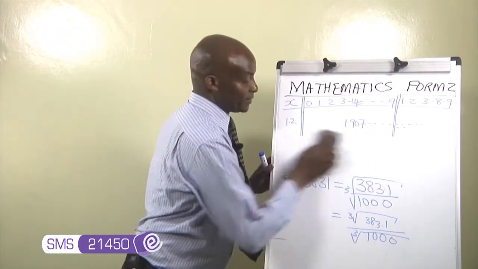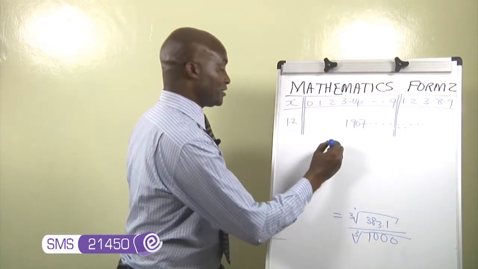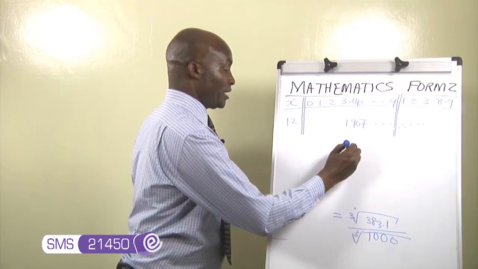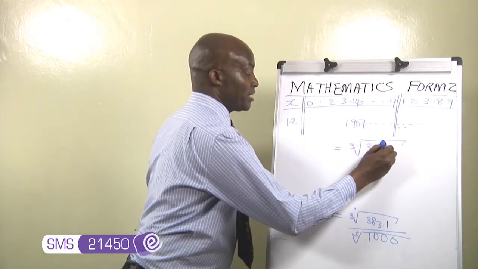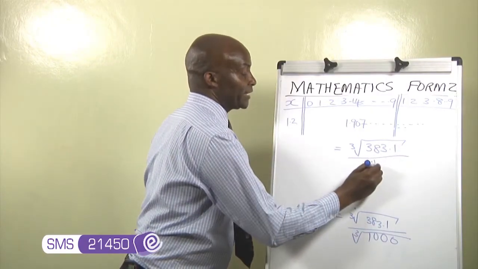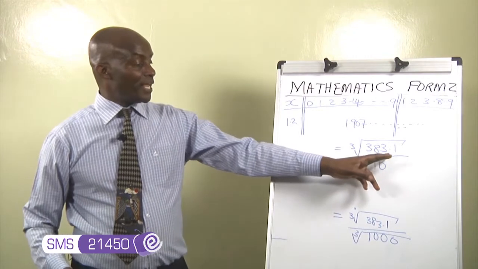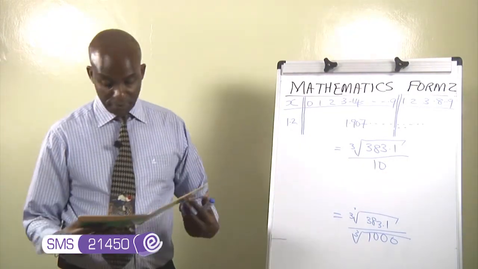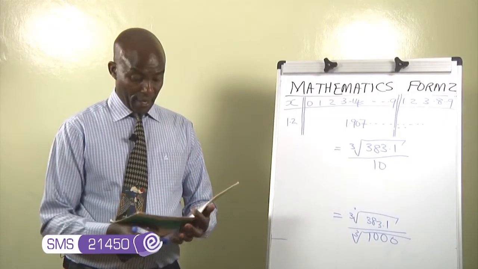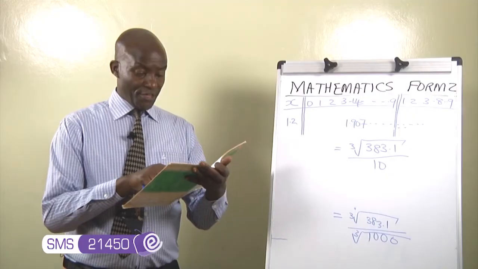Which gives us the cube root of 383.1 divided by 10. Now, we can get the cube root of 383.1 from the tables. Go to your tables, and within the tables, look for 383.1.